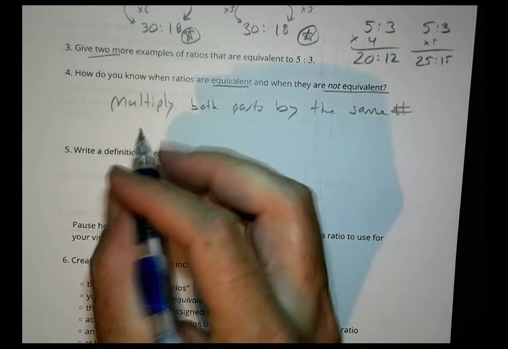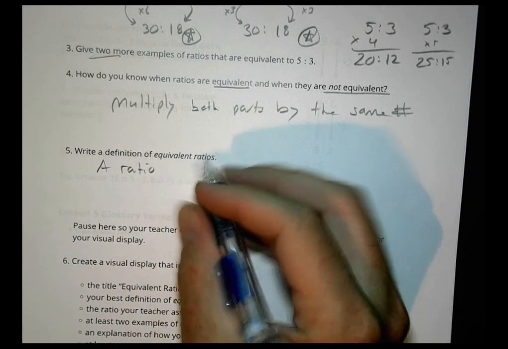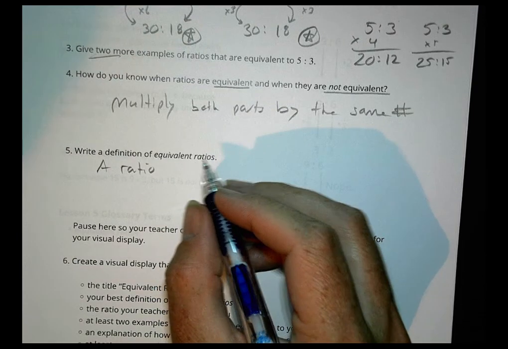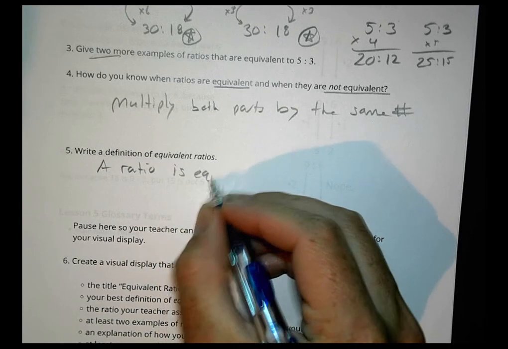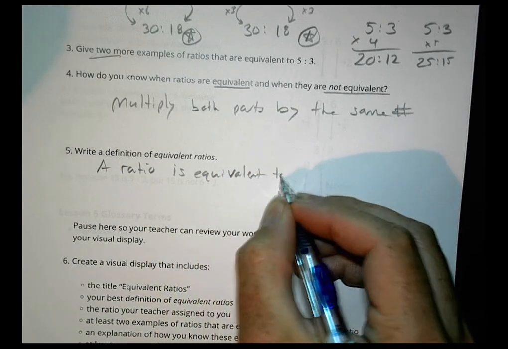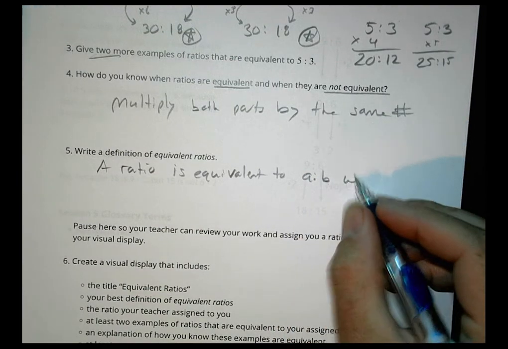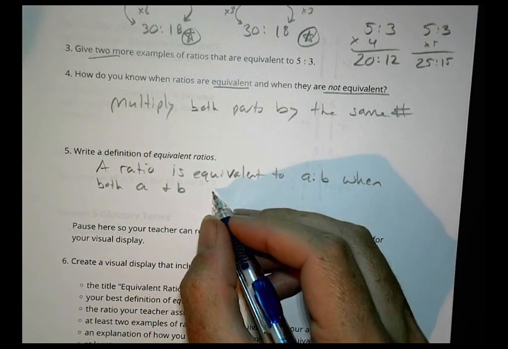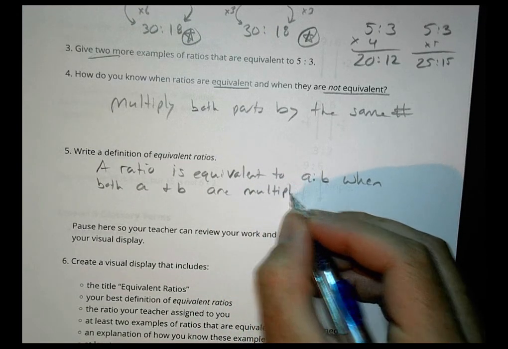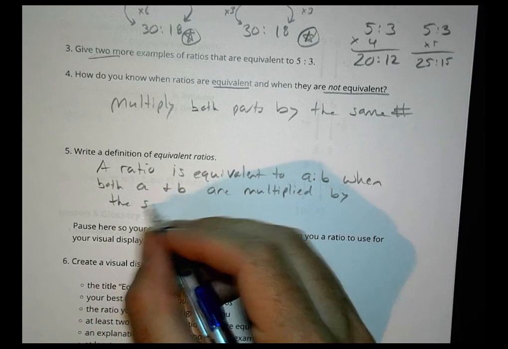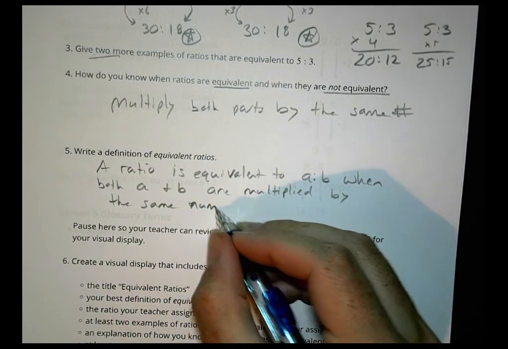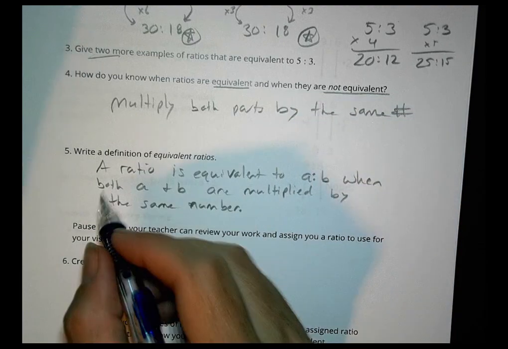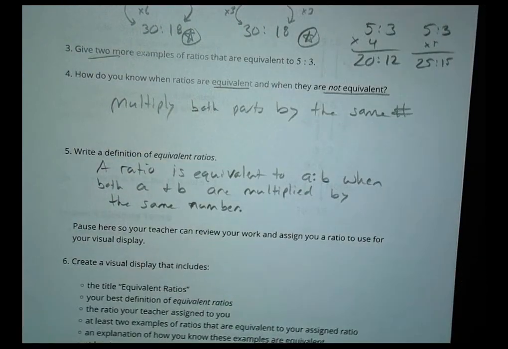So the definition for a ratio: a ratio is equivalent to A to B when both A and B are multiplied by the same number. And that's the big takeaway from today.